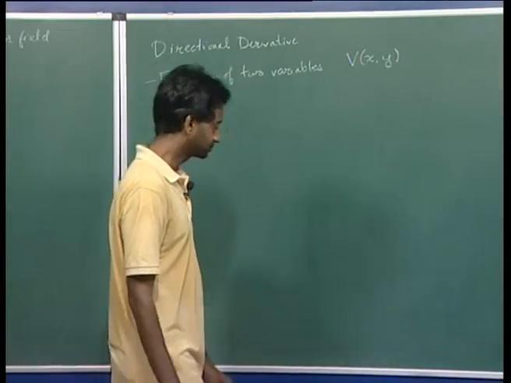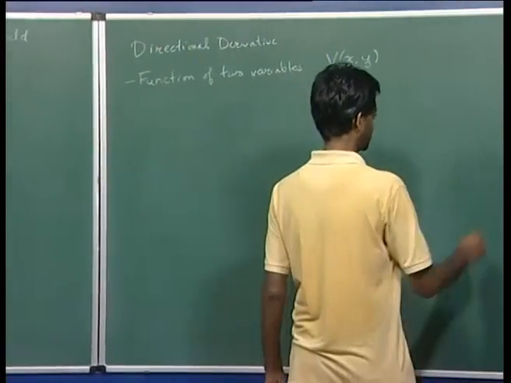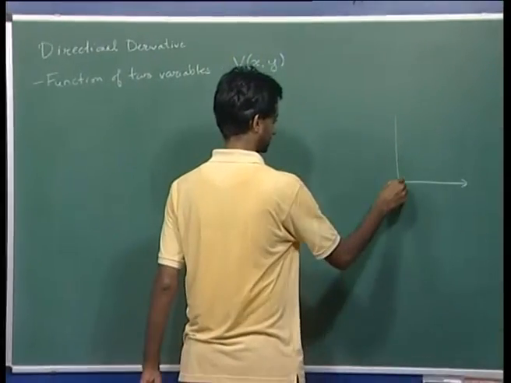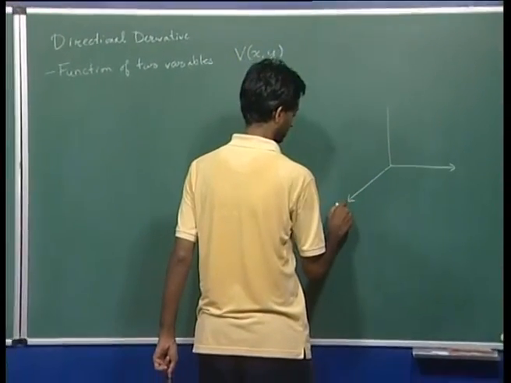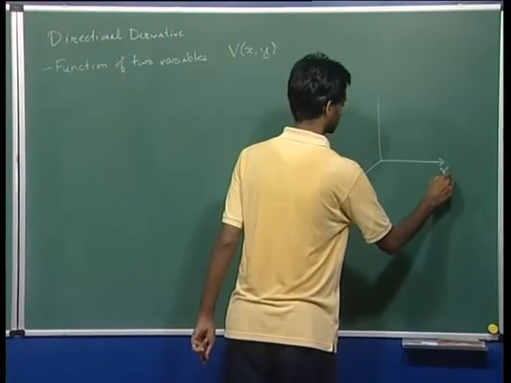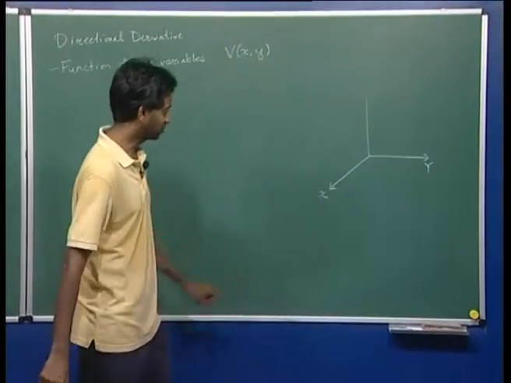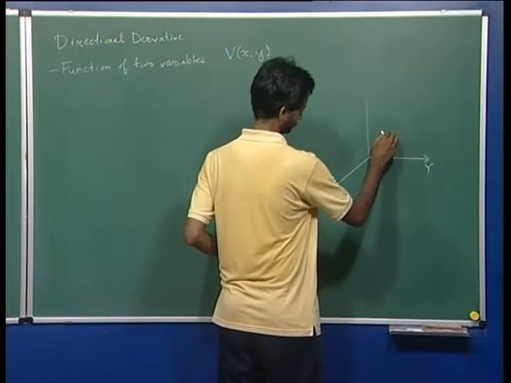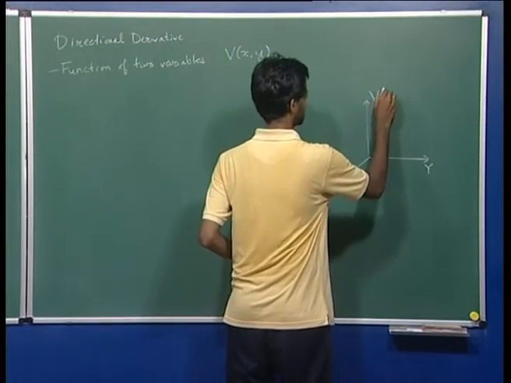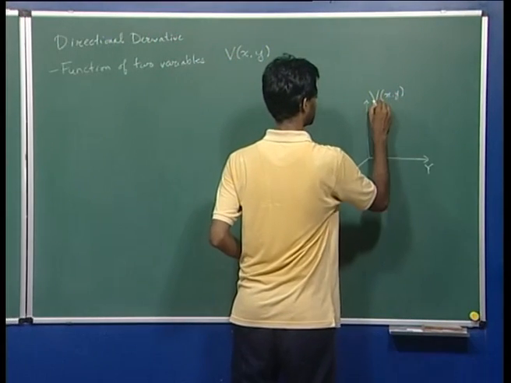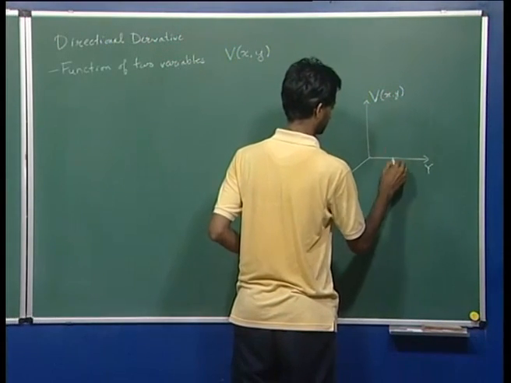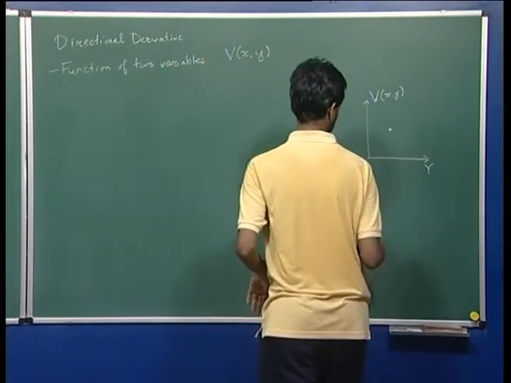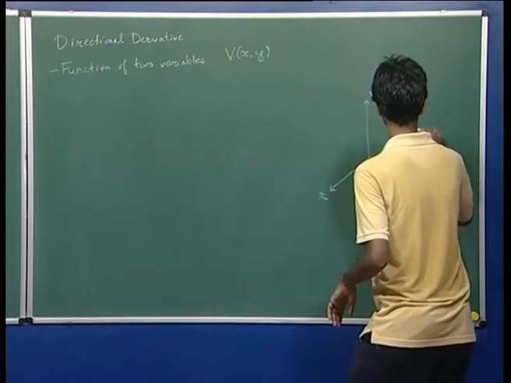Okay. So, now you might ask the question. The way you might plot this function is you will say that I'll call this the x axis, call this the y axis, and for any point on the xy plane, I have a certain value of V. So, for any point on this plane, I have a certain value of V. For another point, I might get another value, and so on.